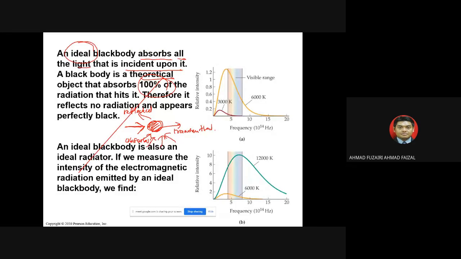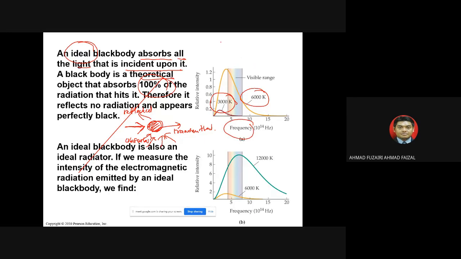An ideal black body is also an ideal radiator. If we measure the intensity of the electromagnetic radiation emitted by an ideal black body, we will find that, look at the intensity versus frequency here. At 6000 Kelvin, and the difference between 6000 and 3000. Now the intensity is against the frequency.